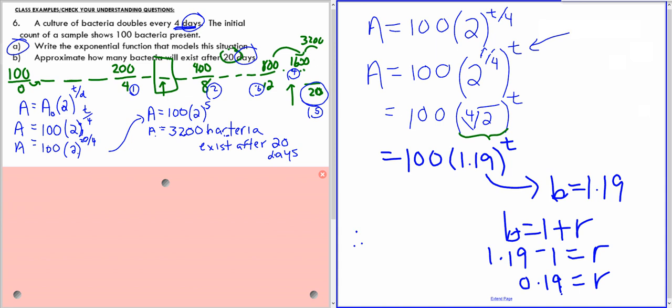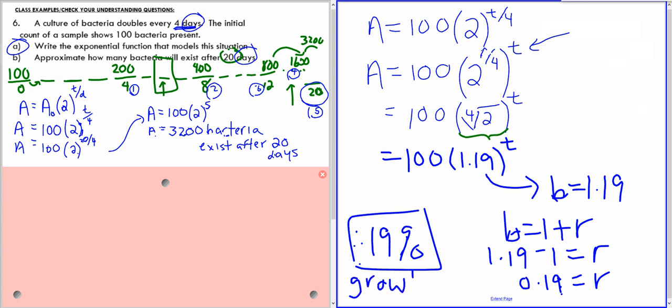So therefore, if I asked you, what's the growth rate per day? Not every 4 days. I know it doubles every 4 days, but how does it grow every 1 day? You can say that it has a 19% daily growth rate. And that's your growth rate daily.